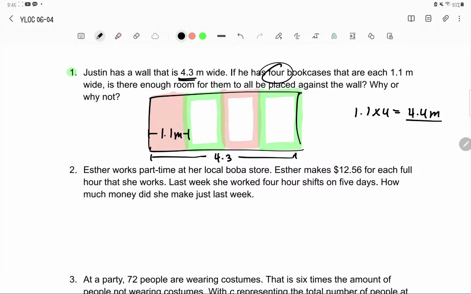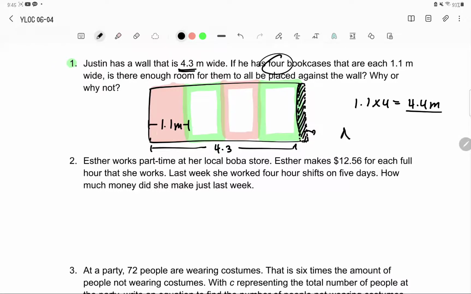We have slightly more bookcases than we have wall. This is the amount that we need more of the wall. So no, we don't have enough space, because all the bookcases put together are 4.4.